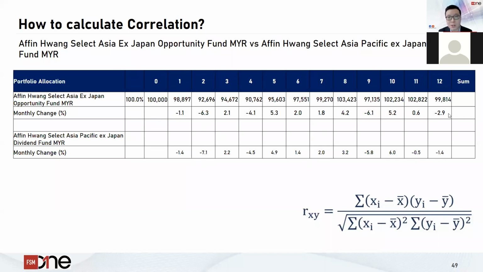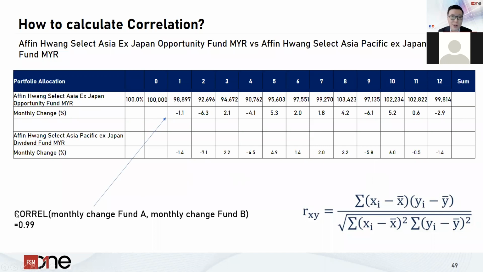So you do this calculation in Excel. You have this complicated formula, but fortunately Excel has this function called equals CORREL, and then you bracket, and you put in all the monthly changes of asset A and the monthly changes of asset B. Then you'll get your correlation number. You can do it yourself.